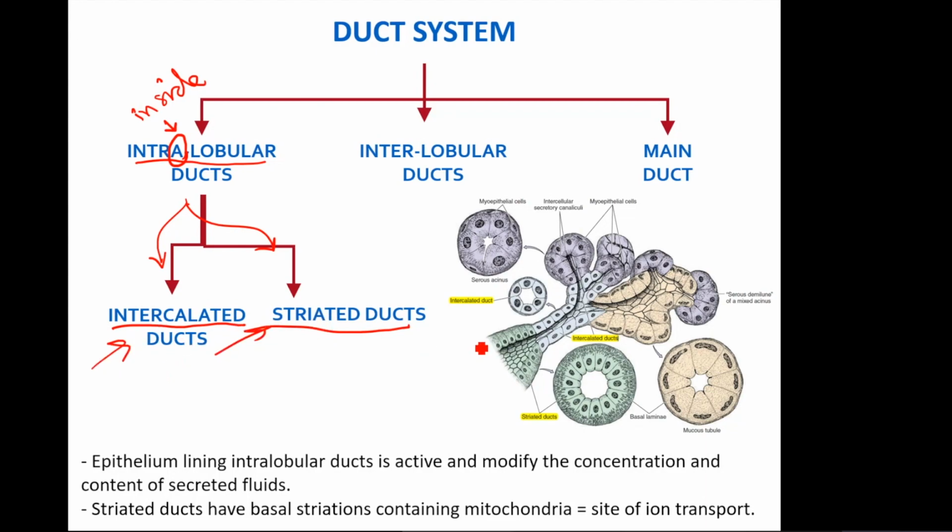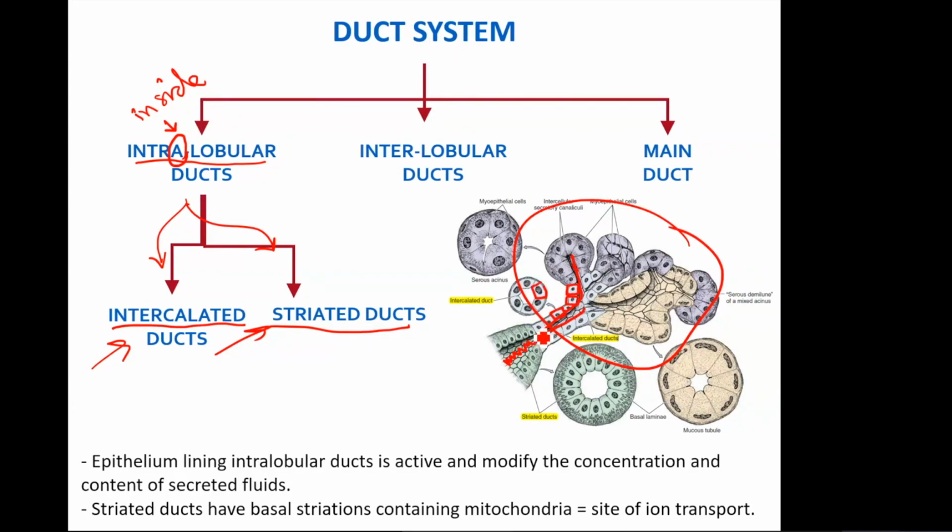Intercalated, striated. Where are they? Okay, this is a lobule. So this is the intercalated, and this is the striated. The intercalated, guys, has mainly cuboidal cells, lined by cuboidal cells.